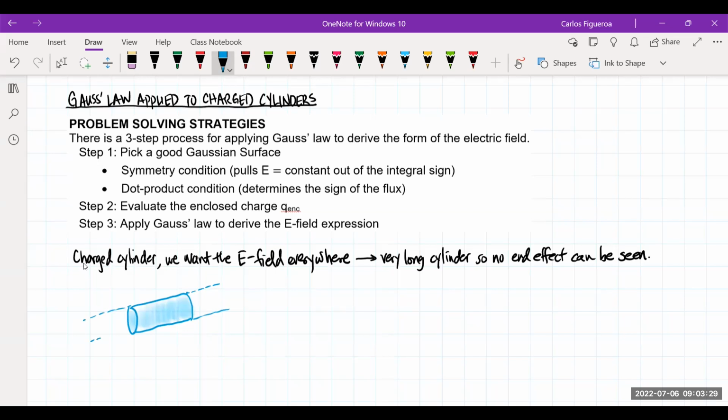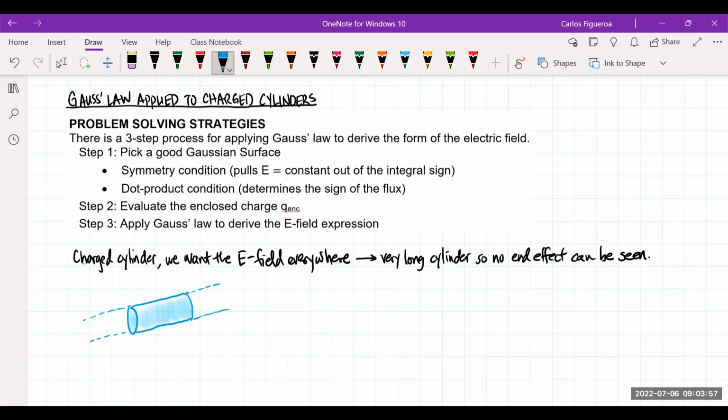People always say, well, there's no such thing as an infinite cylinder. Well, that's not true. You have wires in your house that are very long. If I look at the radius of the wire compared to the length of the wire, since the length is so much longer, I could treat that wire as an infinite cylinder.